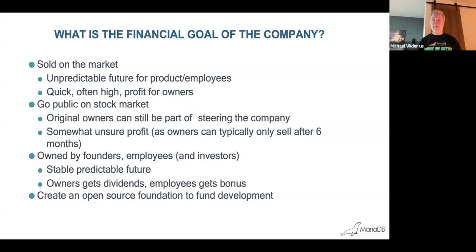But with MySQL, I basically wanted to compete with the big vendors, change the world, reduce the price of databases, because without that, the internet would never have been possible. So we wanted to basically go public on the stock market or be sold on the market. But it's good to decide in the beginning what kind of company you want to be, because the license that you choose depends on that.